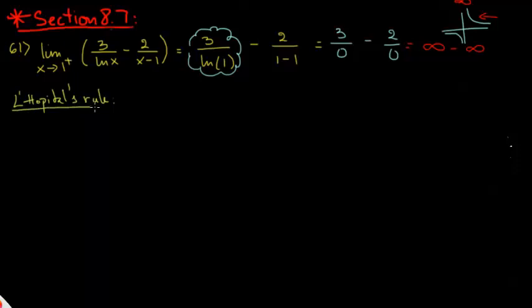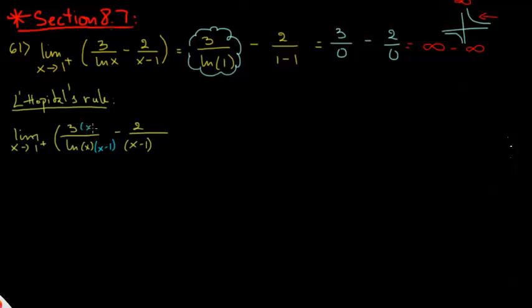Before we do that, I have to rewrite the two fractions in terms of one fraction. So we have 3 over ln x minus 2 over x minus 1. My LCD is x minus 1 times ln x.